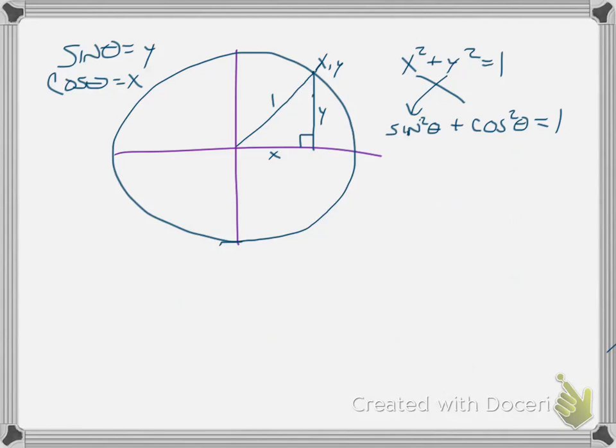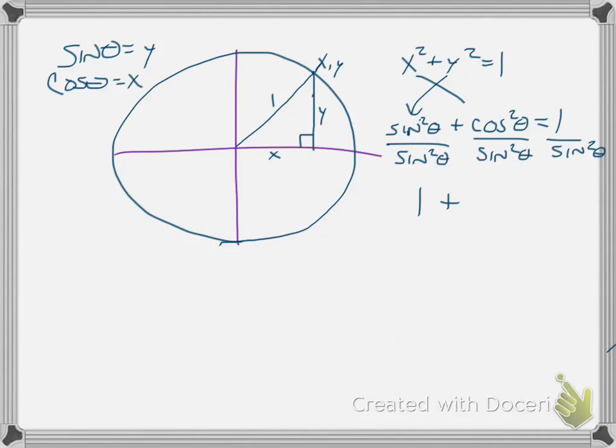And so I'm going to get 2 more of those, and what I'm going to do is divide everything by sine squared theta. That's okay because I'm doing it to everything. It still keeps the equation true. So sine squared theta over sine squared theta becomes 1.